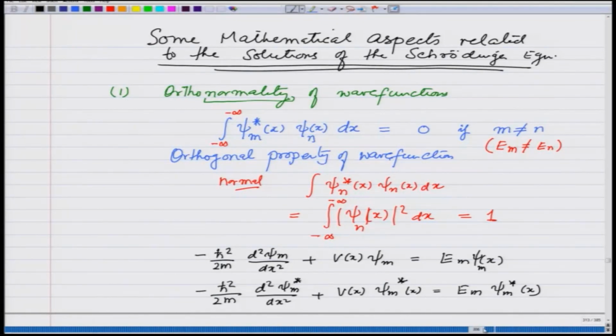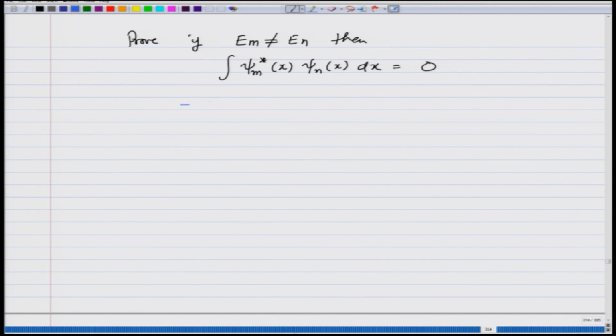Now, what we have to prove is that if E m is not equal to E n, then the integral of psi m star x psi n x dx is equal to 0. So, let us write the equation for the nth level, which is minus h cross squared over 2m d2 psi n over dx squared plus V x psi n x is equal to E n psi n x.